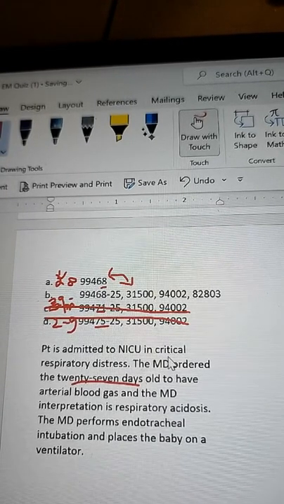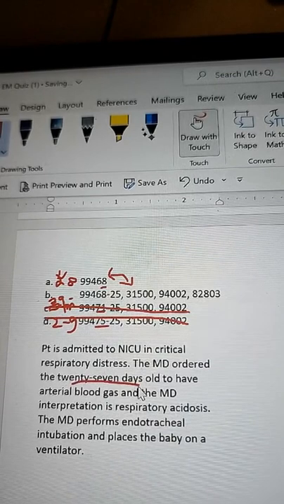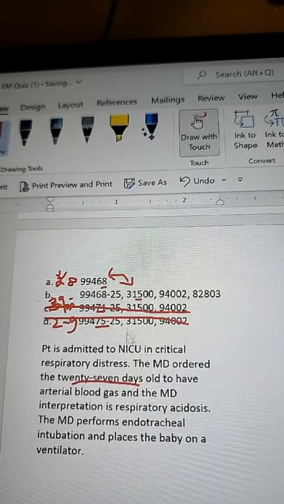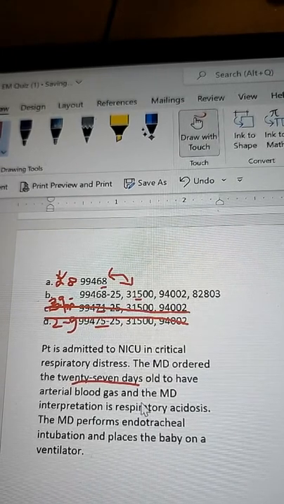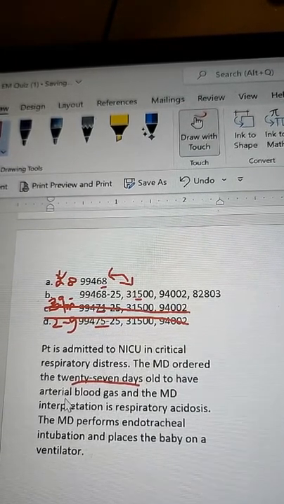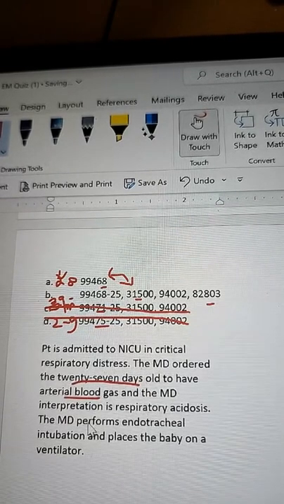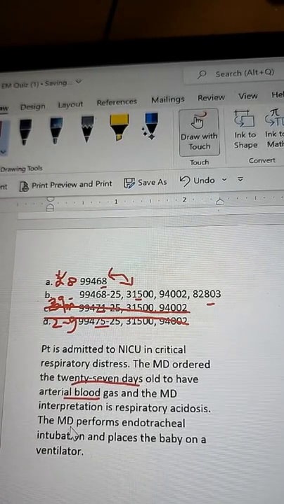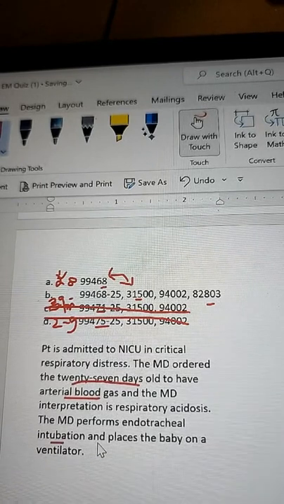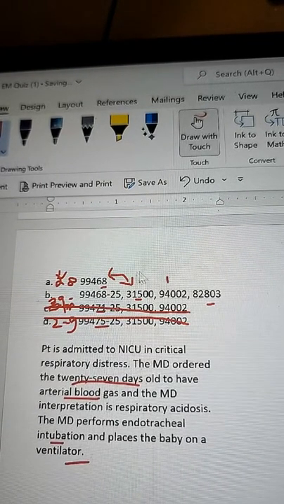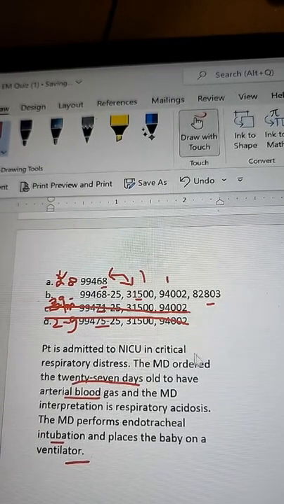Now all you need to know is your guideline about being able to do a trach and stuff on the baby. So, doc ordered a blood gas, which is the 8 code. They did place the baby in intubation and put the baby on a ventilator. That's vent and that's the intubation.